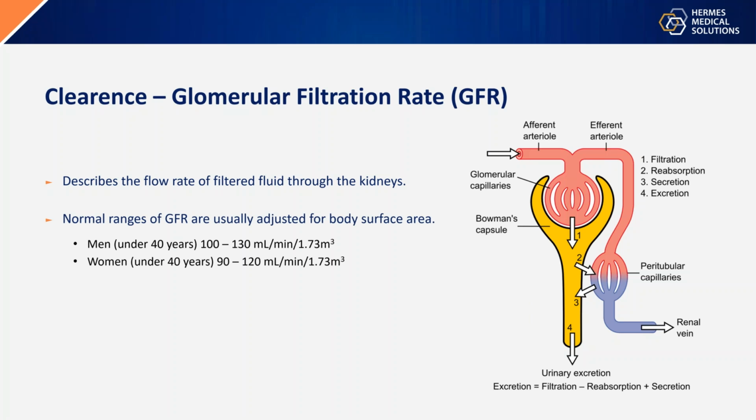It's usually expressed as milliliters per minute, so a volume per time, and then normalized to body surface area. And here you see the normal ranges for adults under 40. After 40, these values decrease by about 1 milliliter per minute per body surface area per year.